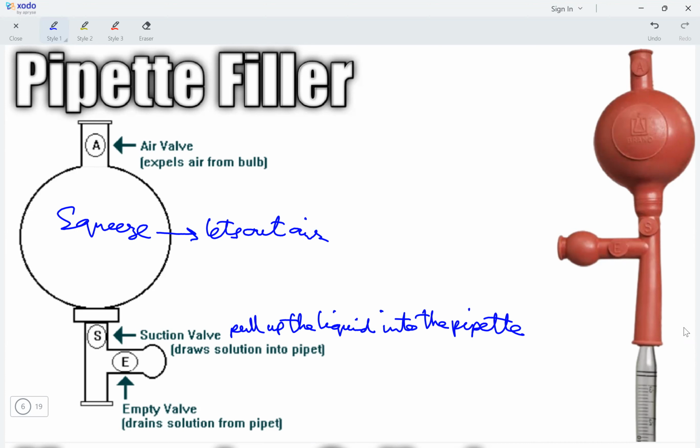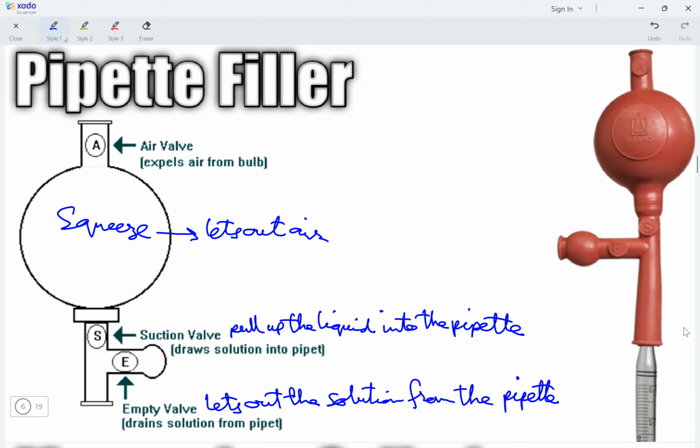Then, once the liquid has been drawn into the pipette, we take the pipette out from the container from which we were drawing solution, and we place it in the conical flask, and then we press the E button on the pipette filler, which is the empty valve. The empty valve lets out the solution from the pipette.